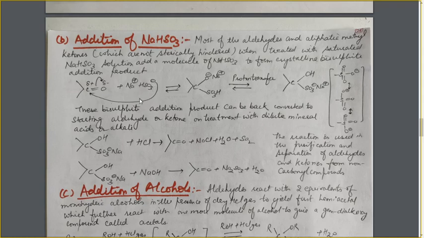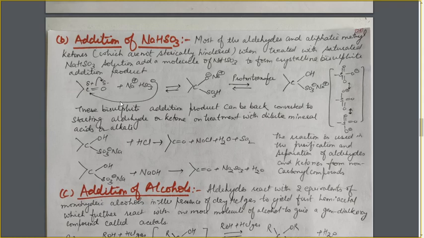As a result, it gets bonded to the carbon atom and the pi bond electrons get transferred to the oxygen atom. What is this effect called? The effect involved here is that the nucleophile attacks this center and the pi bond electron is transferred to this oxygen atom.